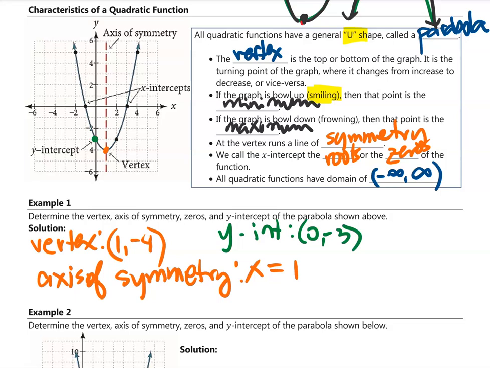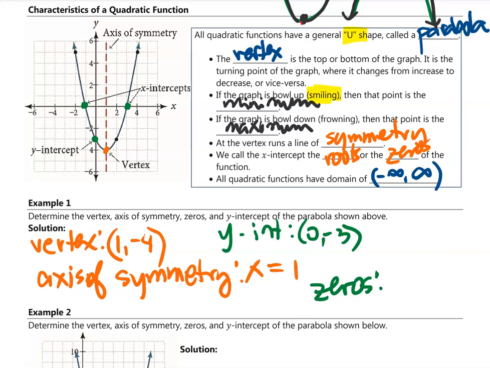And the zeros. What are the zeros? The points on the x-axis, we call them the x-intercepts or the roots. We have 2 points on the x-axis that are on the graph.